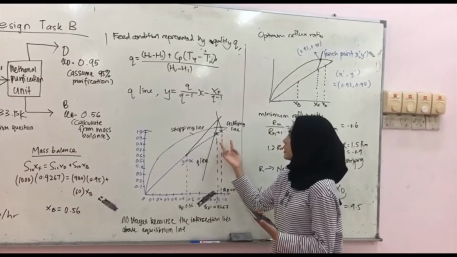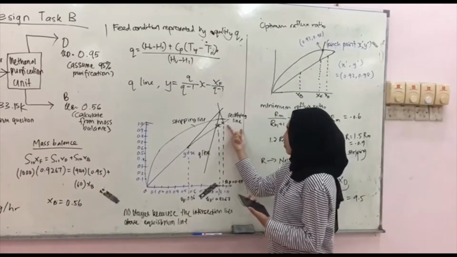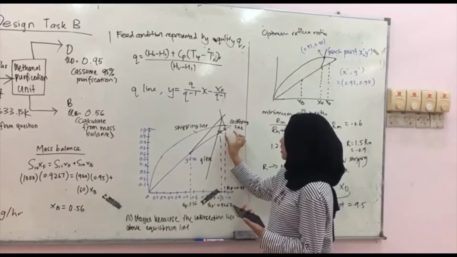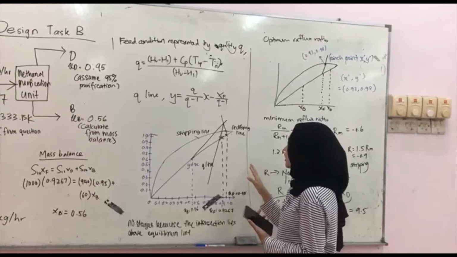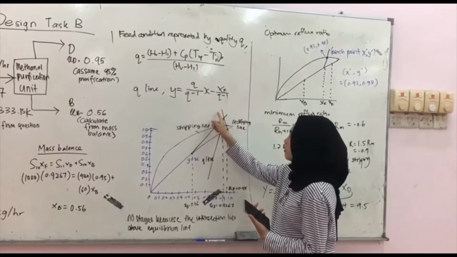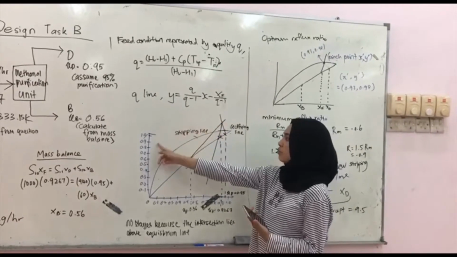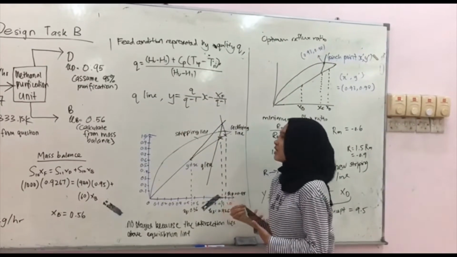So as you can see, the XD point and the XF point are almost near. So when we draw the rectifying line, the intercept on the y line is far, so it's big.